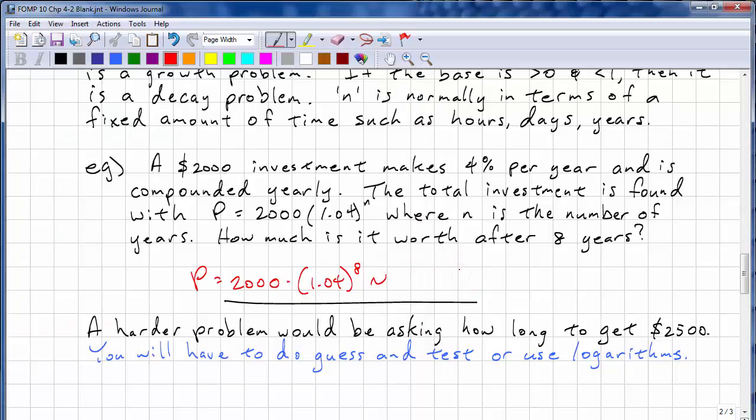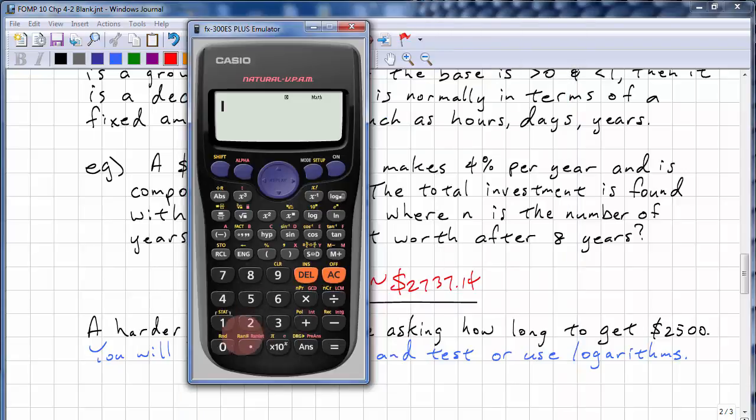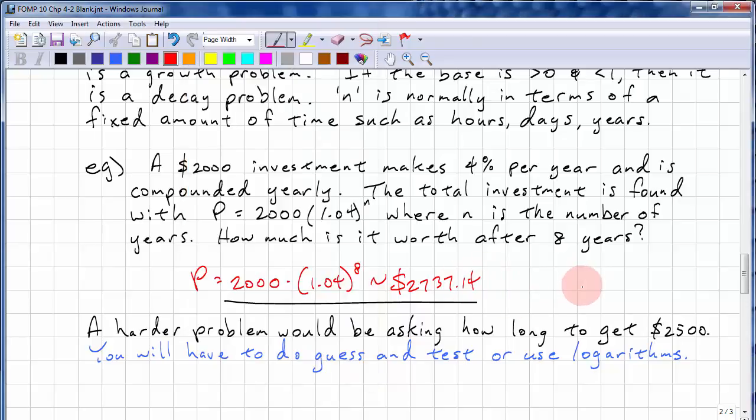We round it off. Okay, that's how you use the TI. Let's look at the Casio. We have 2,000 times 1.04 raised to the power, that's this key, 8. And again, we have the same answer.